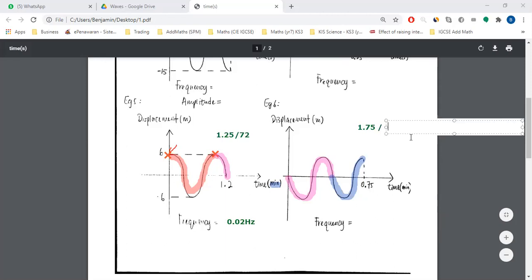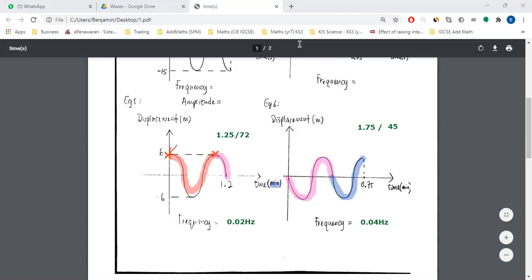So you change to second, 45 seconds. Yep, so you get 0.04 hertz. Okay, so that one is how we calculate frequency. Remember that one, okay? How we calculate frequency.